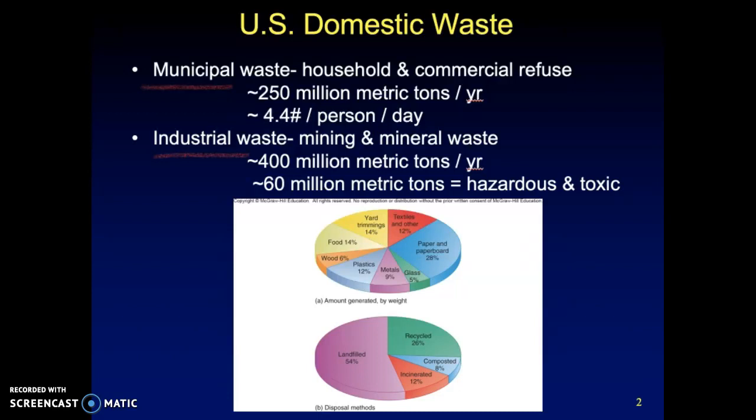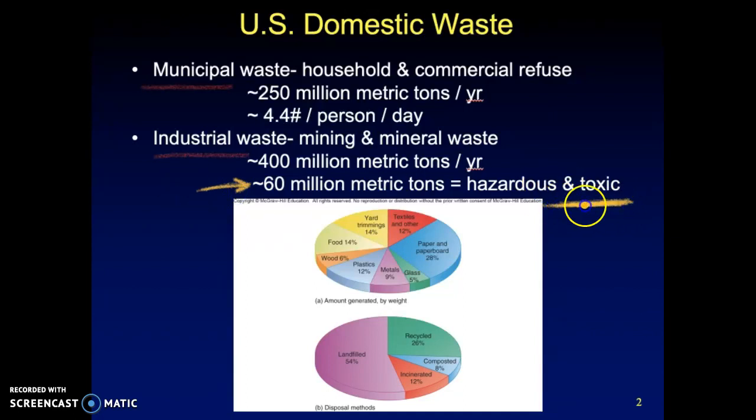It's about 400 million tons of waste per year when we mine for minerals and some of those basic resources, minerals and fossil fuels, things like that. So the concern is, out of that roughly 400 million tons, about 60 million metric tons of it is classified as hazardous and toxic waste.